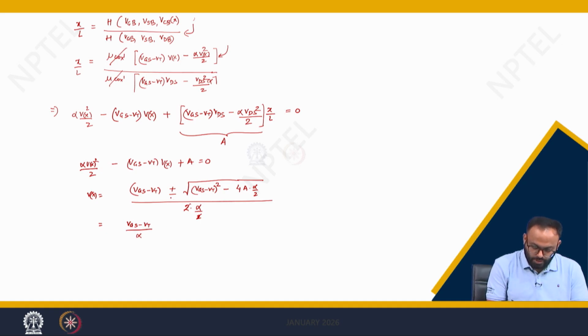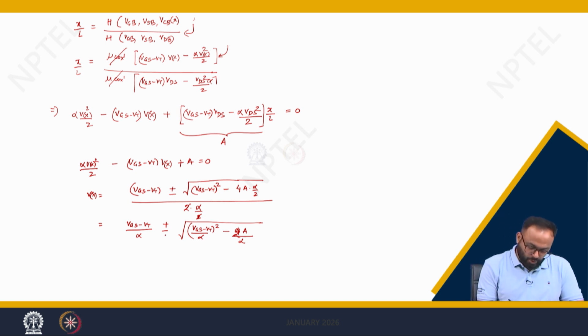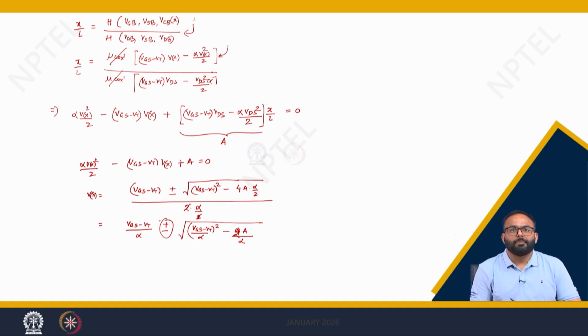Now you need to choose which sign you will opt for, positive or negative. First take alpha inside, so it is VGS minus VT by alpha whole square minus 2a by alpha, because you are taking alpha square inside, right. Now shall I choose positive sign or negative sign?